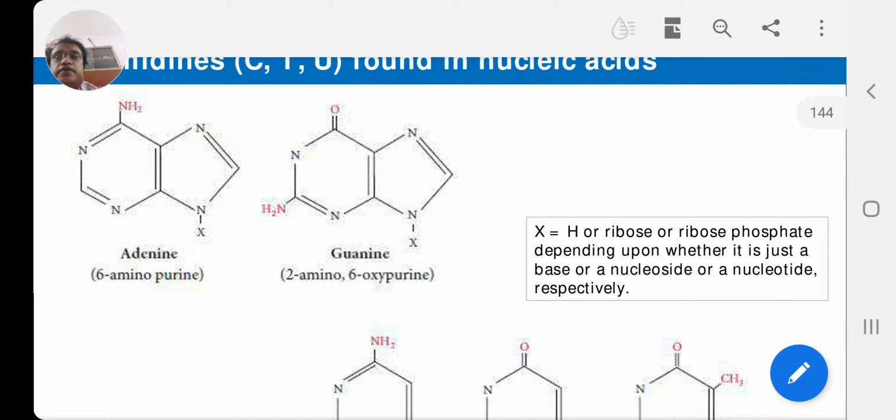Purines are numbered in anti-clockwise direction, while pyrimidines are numbered in clockwise direction.